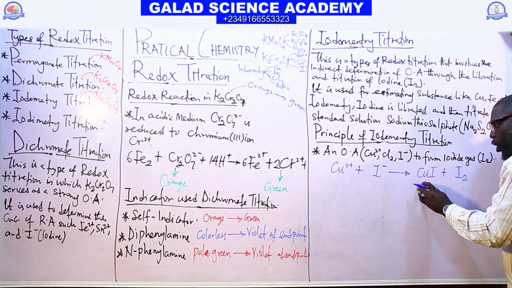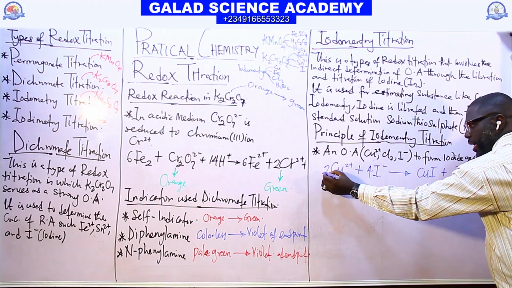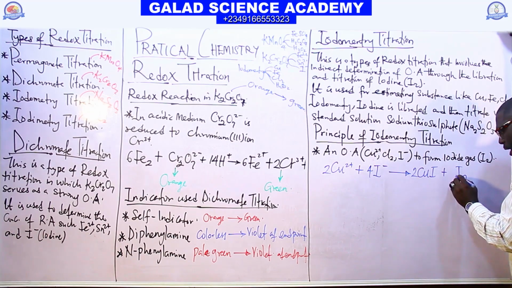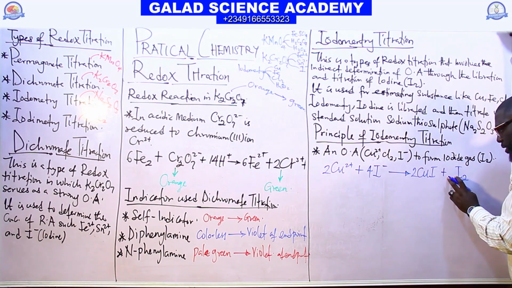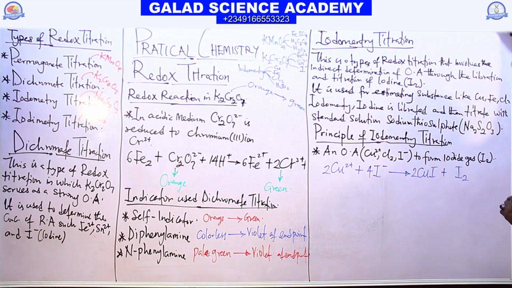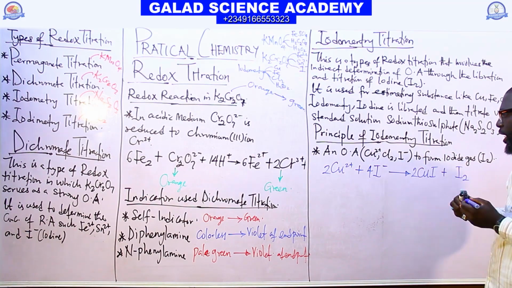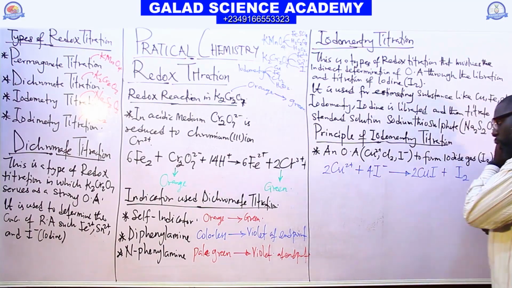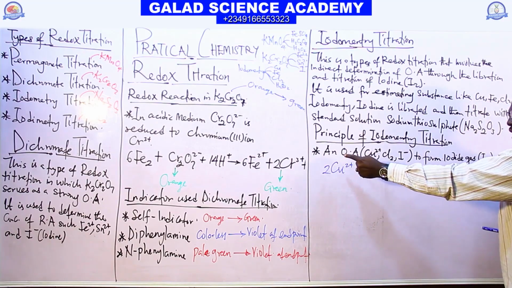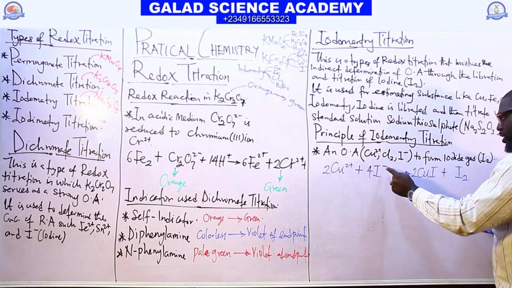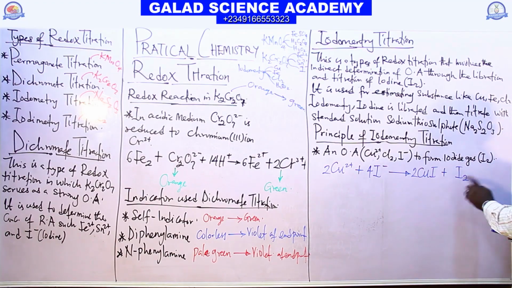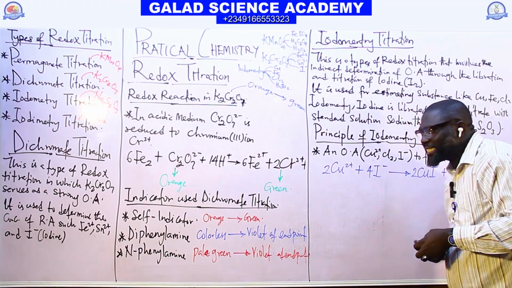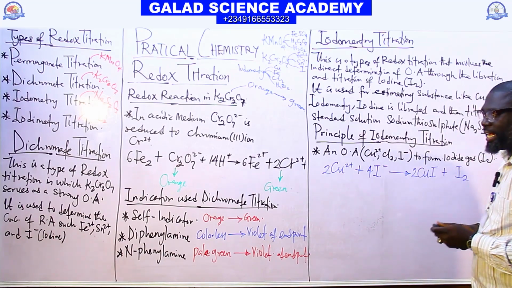So to balance this, let me put 4 here, then 2 here, 2 here. Iodide is balanced. Copper, yes. So this is the iodine that is liberated. So this copper is the oxidizing agent to form iodine. This is the gas.